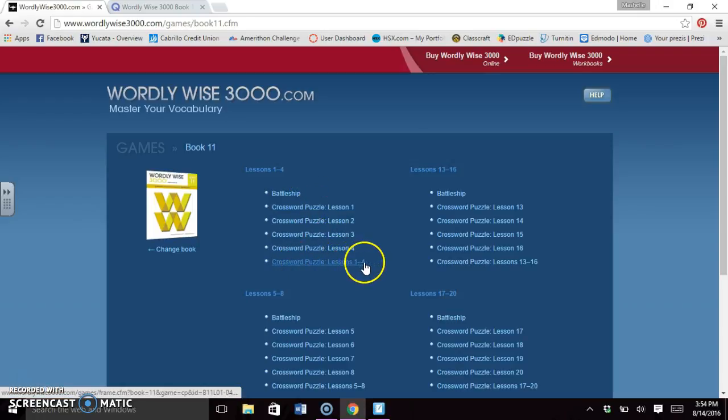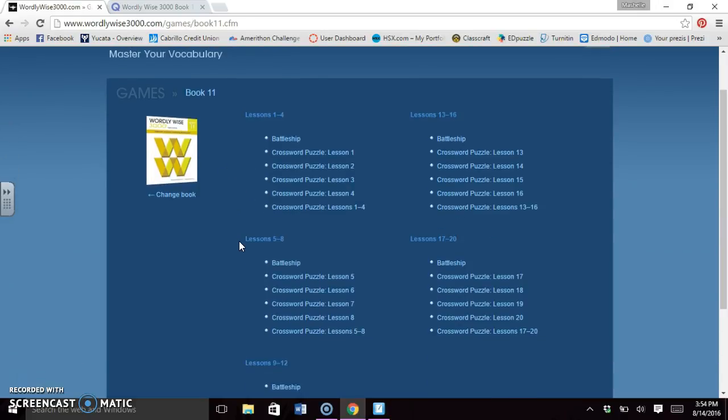There's one for every 4 lessons, and there's even a battleship game where you actually have to place your ships and answer vocab questions in order to be able to shoot a cannon at the opponent, which in this case is the computer, but still it requires vocab aspects. The battleship covers lessons 1 through 4, so it's not just lesson 1. But every 4 lessons we will be having a major test, so this could also be a good way to review for that.